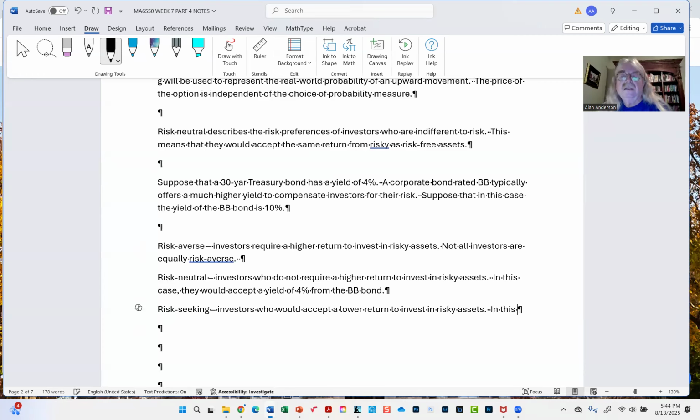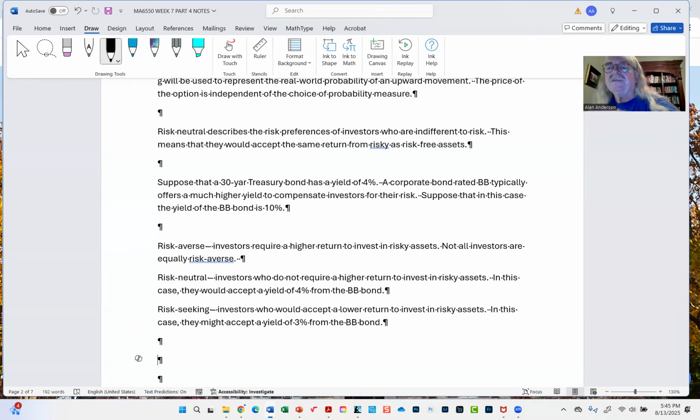In this case, they might accept a yield of 3% from the double B. Of course, these are all theoretical categories. Nobody's saying that this is what happens in the real world, but it is the way that economists can classify different attitudes towards risk.